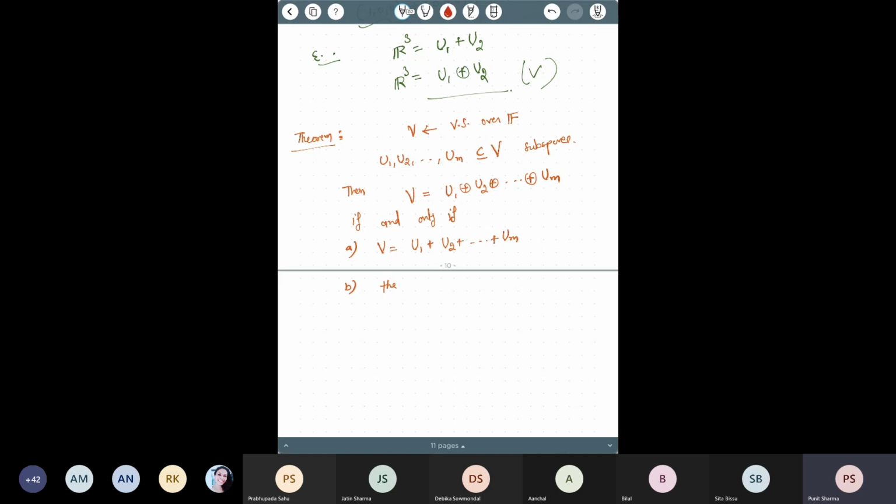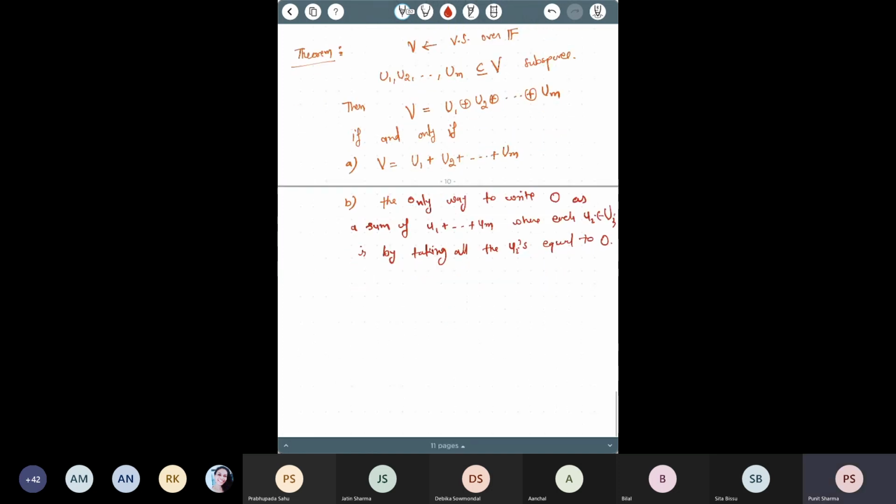And the second condition says that the only way to write the 0 element, the 0 of the vector space, as a sum u1 plus and so on up to um, where each ui belongs to capital Ui, is by taking all the ui equal to 0.